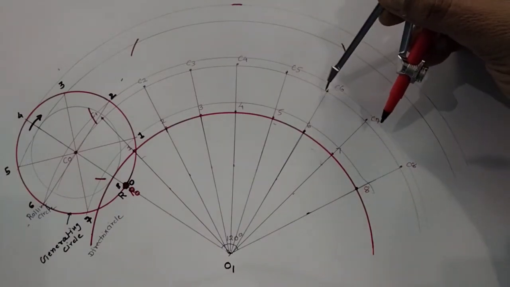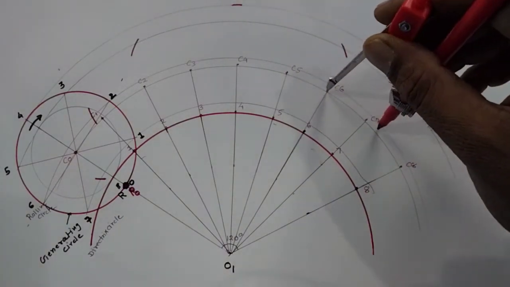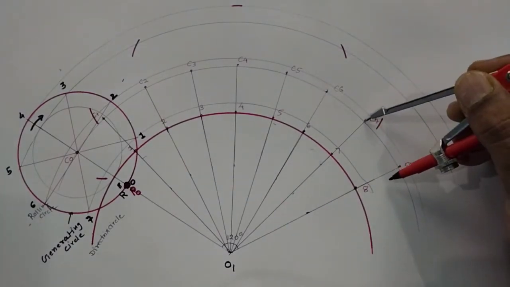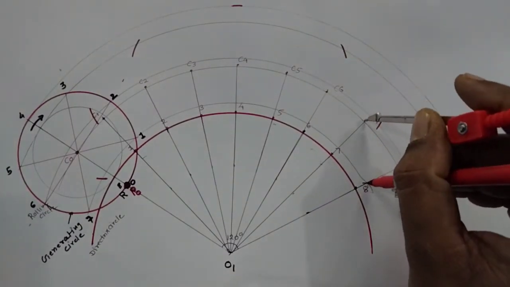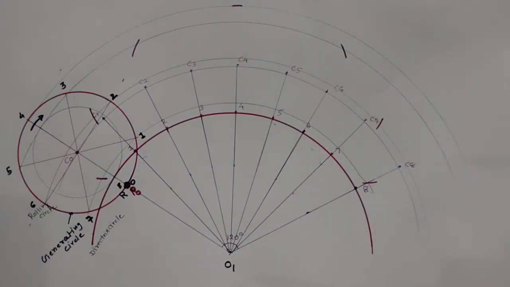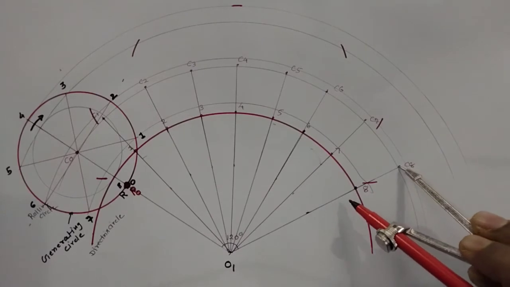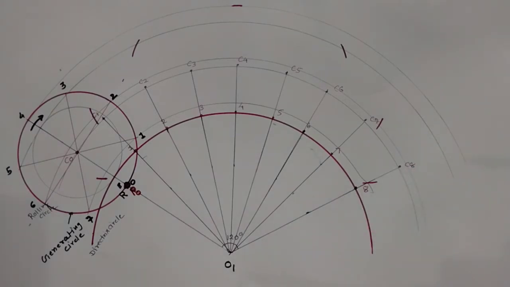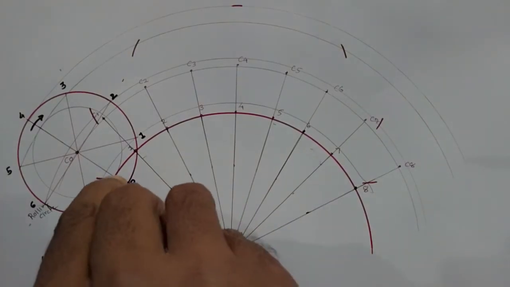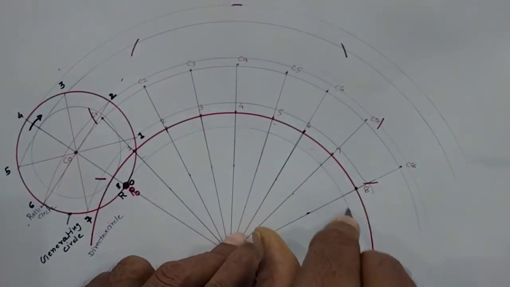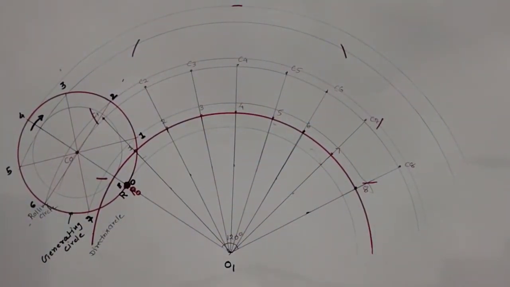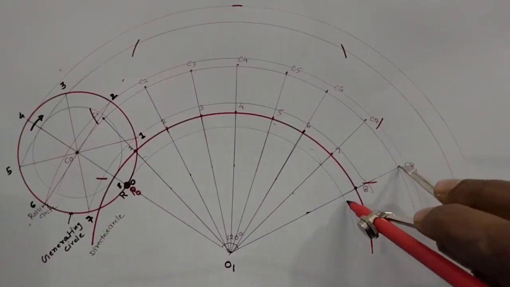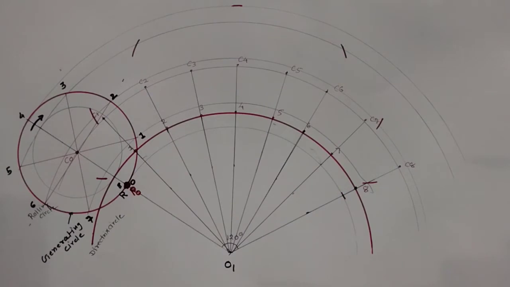Then C6 point as a center and we draw the arc on the 6 number circle. Then next C7, you can draw the arc on the 7 number circle, and finally you have the C8 and you can draw the arc on the 8 number circle.